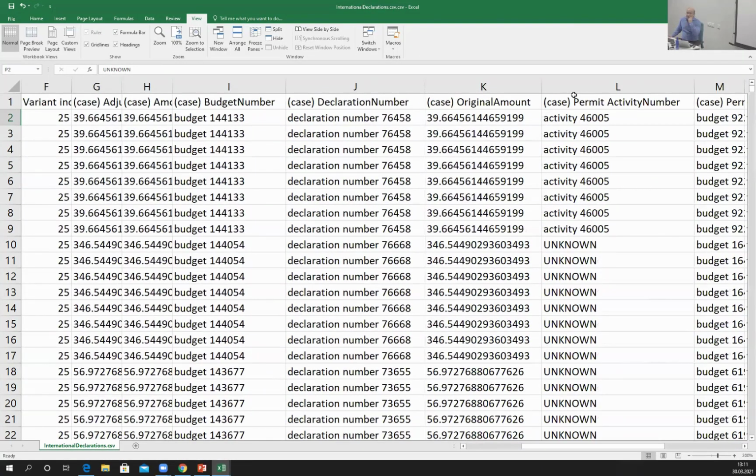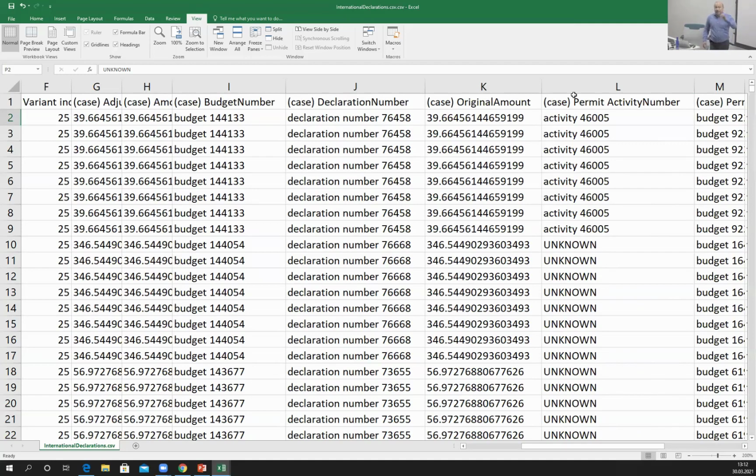These are the declarations that the staff members fill in once they have completed a travel and they want to claim reimbursements back for their business costs during the travel. So they fill in a cost declaration, it is called, and they say, I spent this amount of money during this particular travel, for example to pay for the hotel, or to pay for a taxi cab, or to pay for a dinner or whatever.